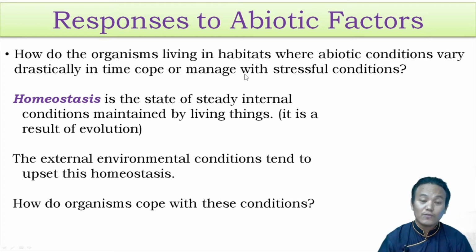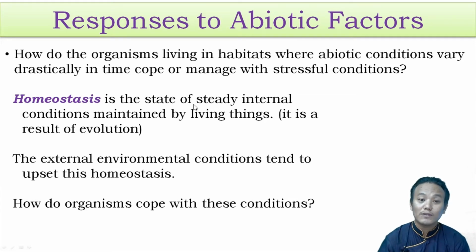It becomes stressful for the organisms because organisms try to maintain a state of steady internal condition called homeostasis, and it's a result of evolution. Due to the evolutionary process, organisms have developed a state of steady internal conditions, the conditions at which they can perform their best, at which the metabolic reactions and physiological functions occur with maximum efficiency within the organism.